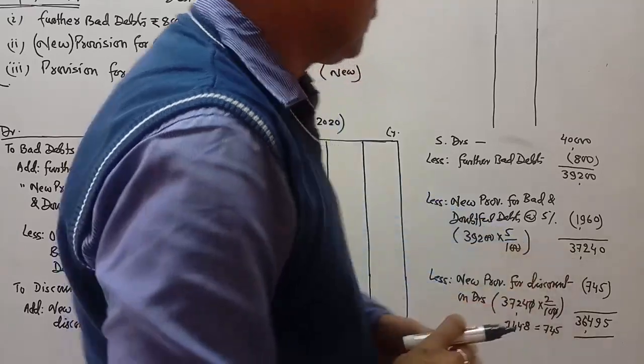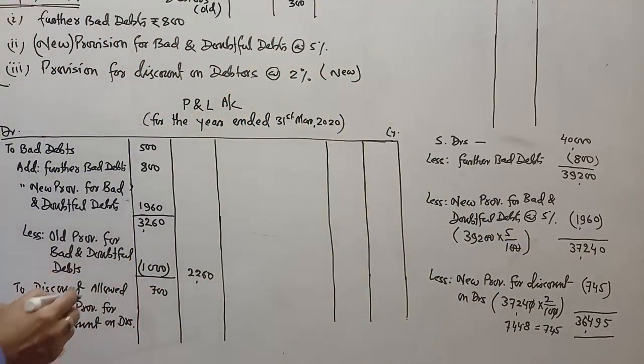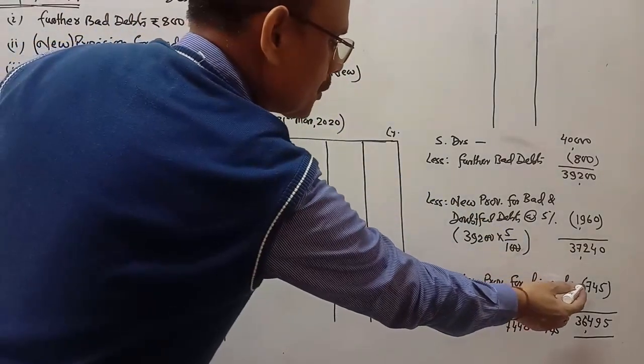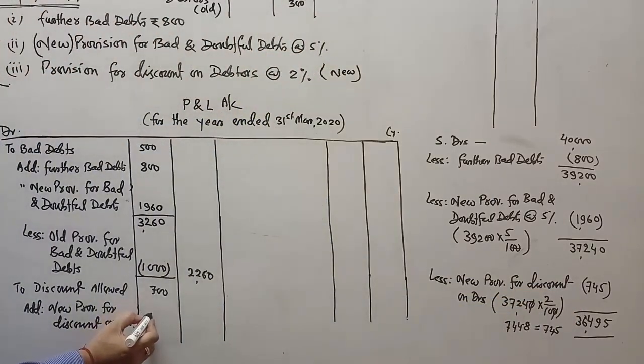So here, the new provision for discount on debtors is 745. You add it, do the addition, 700 plus this one, and deduct the old provision for discount.